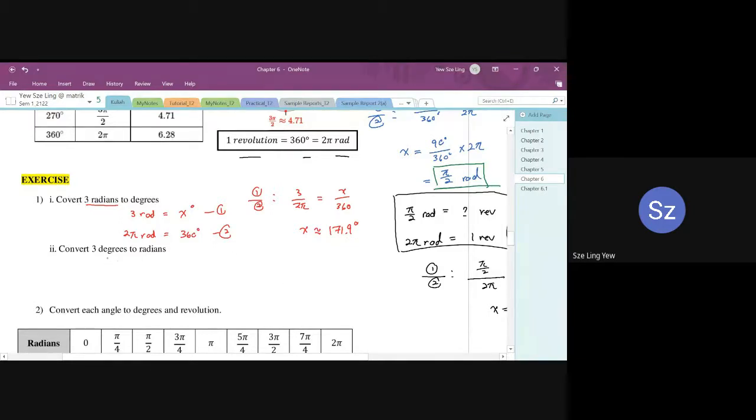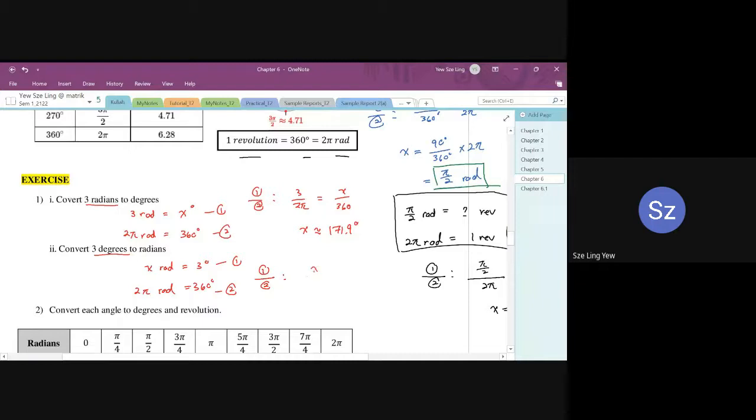So how about 3 degrees to radian? Basically, you do the same thing. Now you have x radian equals to 3 degree, and 2 pi radian is equal to 360 degree. Again, equation 1, equation 2. I'm going to repeat the same thing by using 1 divided by 2.